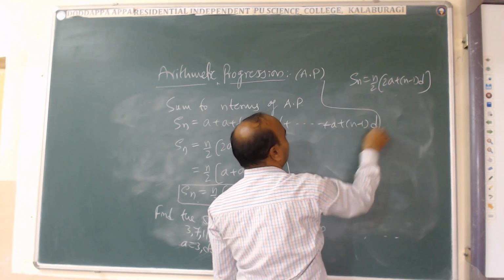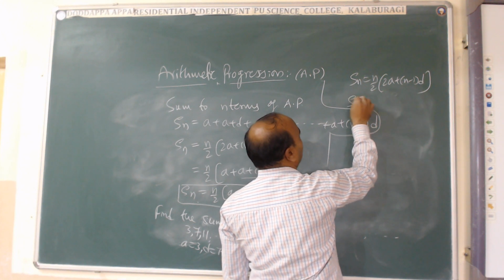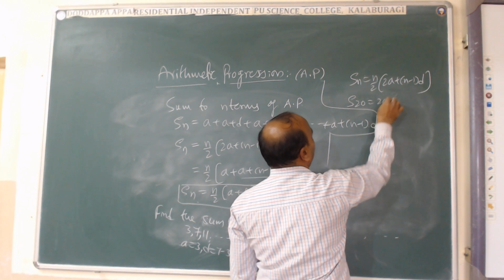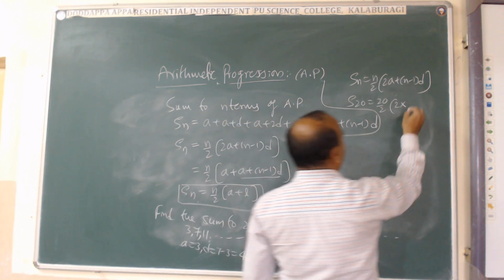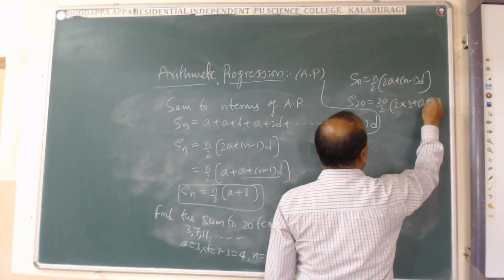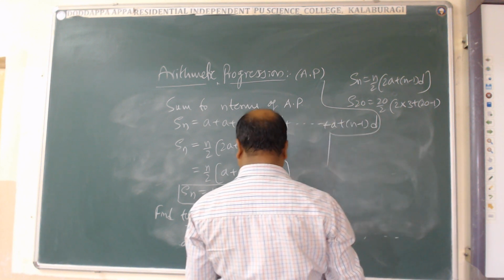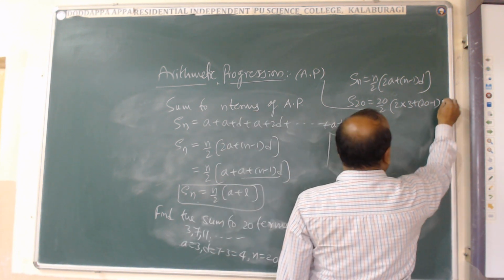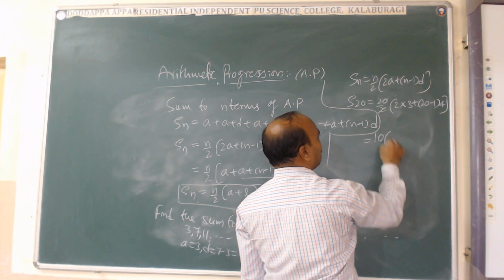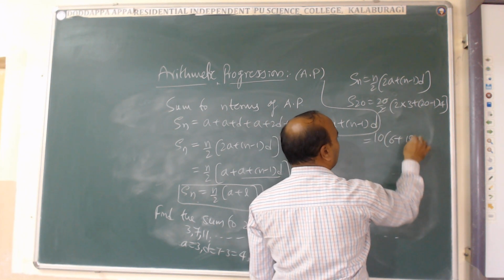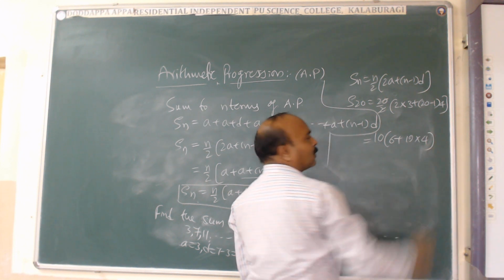So S20 equal to 20 by 2 into 2 times 3 plus 20 minus 1, d value is 4. You write like this. It is 20 by 2 is 10 into 6 plus 19 into 4.